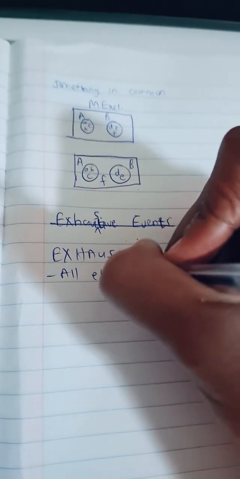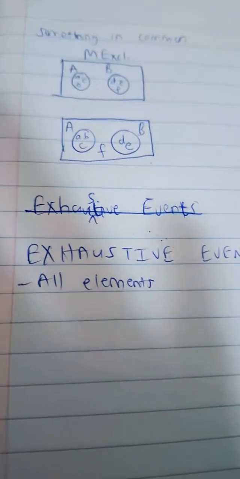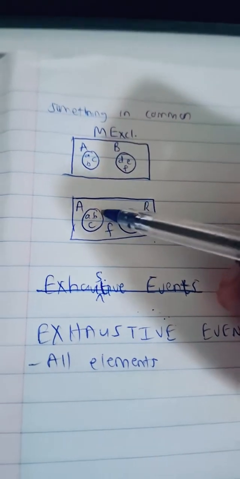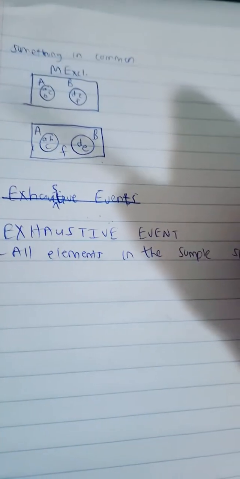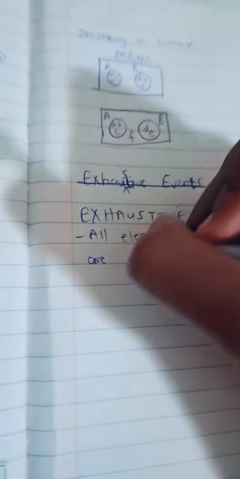Okay, now let me just write what are exhaustive events. All elements. I hope by now we kind of get the language. When we are talking about elements, we are talking about what is inside the event. So it's saying all elements in the sample space are included in both sets or events.